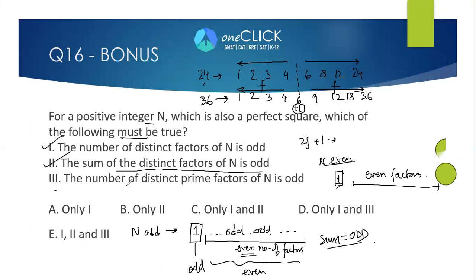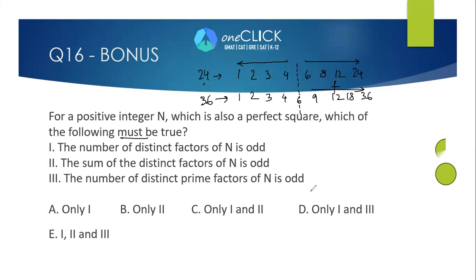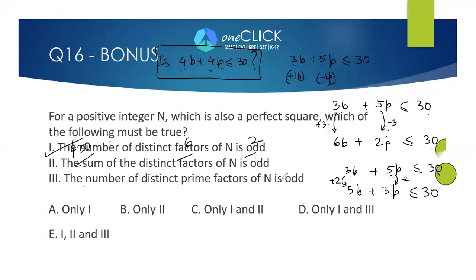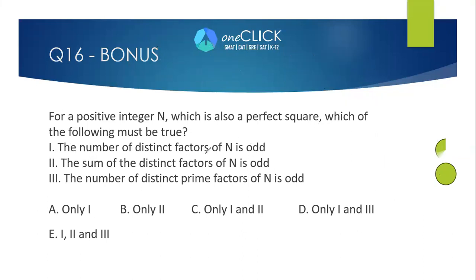Now, number 3 says the number of distinct prime factors is odd. Whether that is true or not: distinct prime factors means you can have a number like 36, where the distinct prime factors are just 2 and 3. So there are 2 prime factors, an even number.